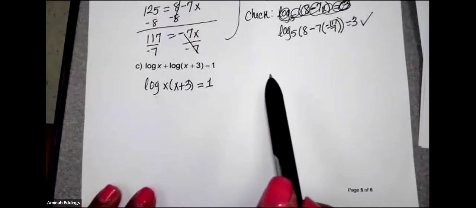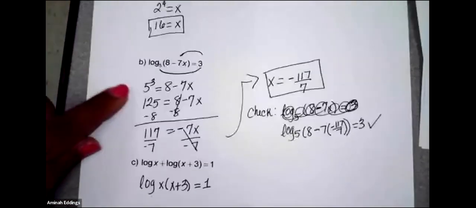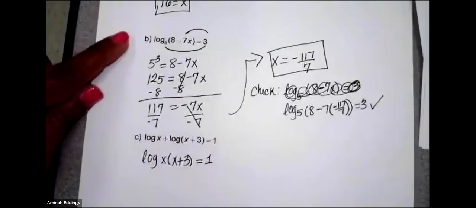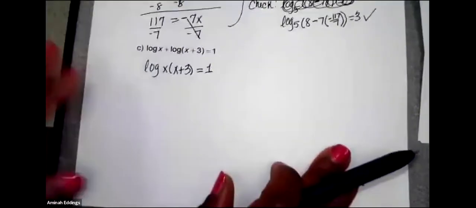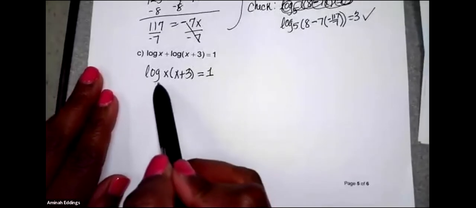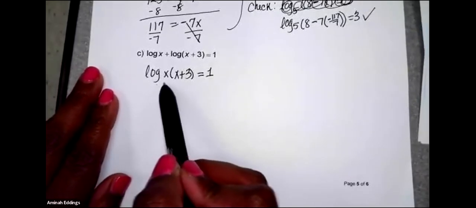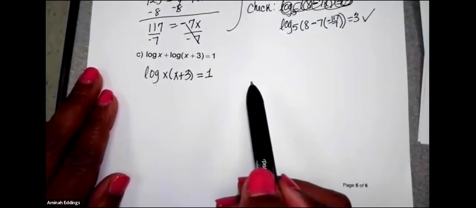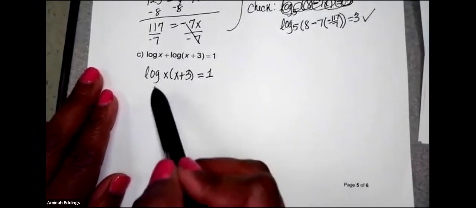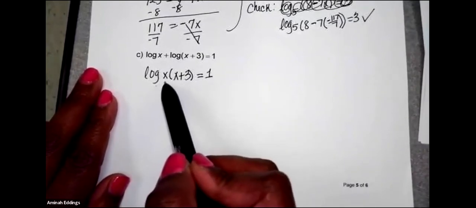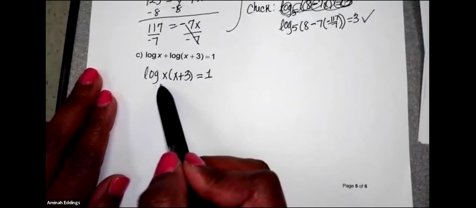And so now I can do what I did in A and B. I can convert it into an exponential equation. What base is understood to be here? If there's no base, what's understood to be there? 10, exactly. It's a common base.